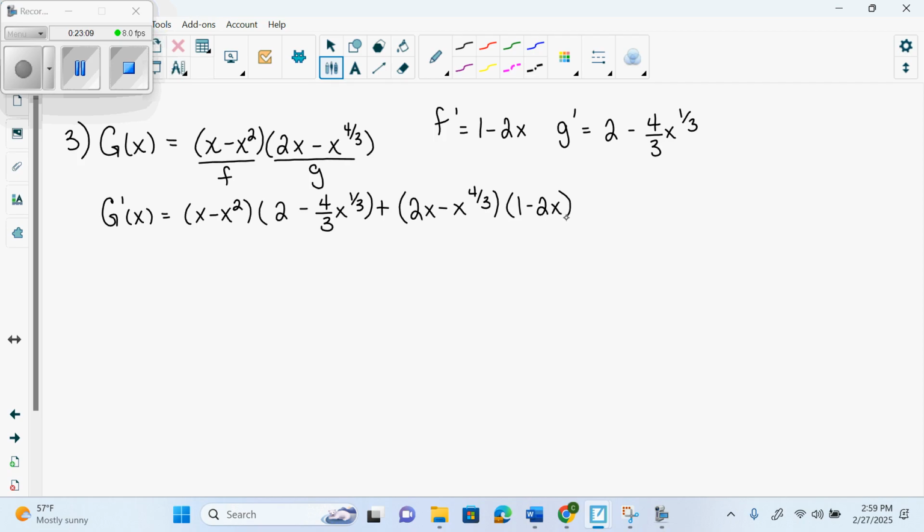So let's math. Okay. X times 2 is 2x. X times 4/3 x to 1/3 is negative 4/3. And remember, we add exponents. So this is an x to the 1 and 1/3. So it would be like 3/3 plus 1/3. See if they common denominator, right? So 3/3 plus 1/3 is 4/3. Negative x squared times 2 is negative 2x squared.